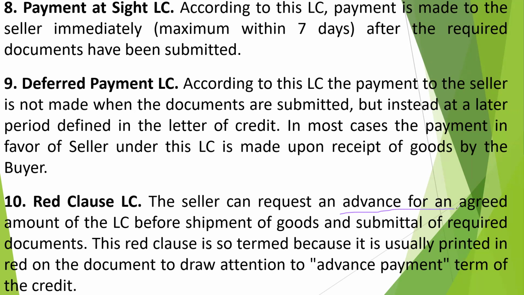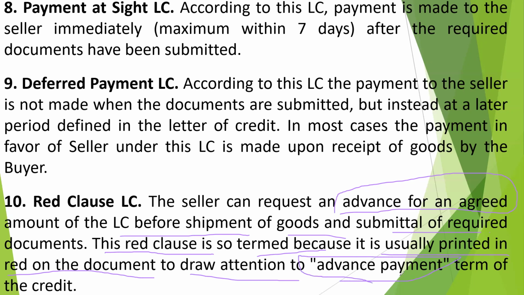So here the party can get advance payment before the shipment of the goods and will submit the required documents. This is termed red clause LC because it is usually printed in red on the document to draw attention to the advance payment. So in the LC, it is mentioned in red color that advance payment is required in this type of LC.